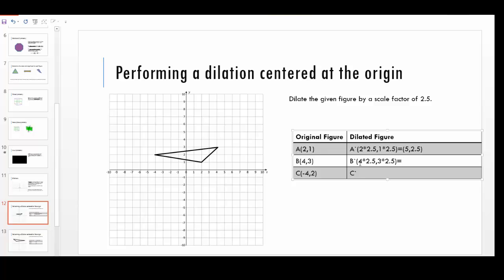And that's going to equal 10, 7.5 for the B coordinate. And similarly for C, C's coordinate is going to be -4 times 2.5, comma, 2 times 2.5, which equals -10, 5.